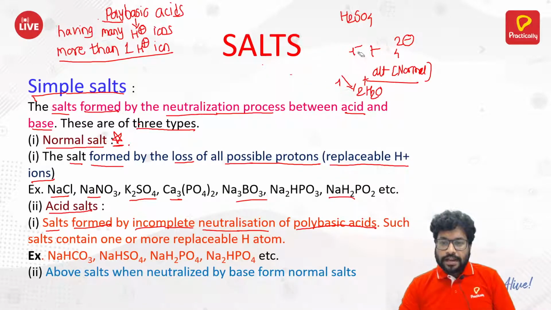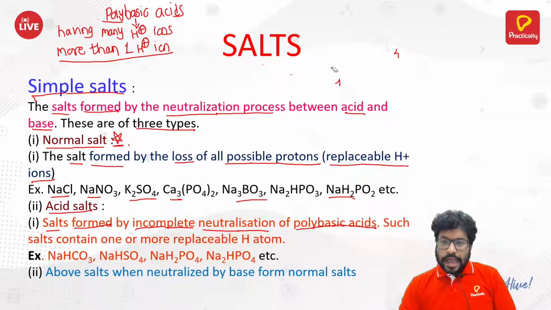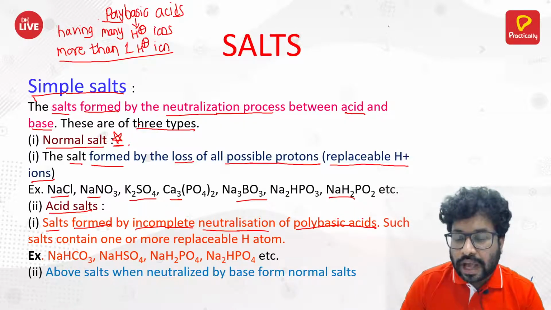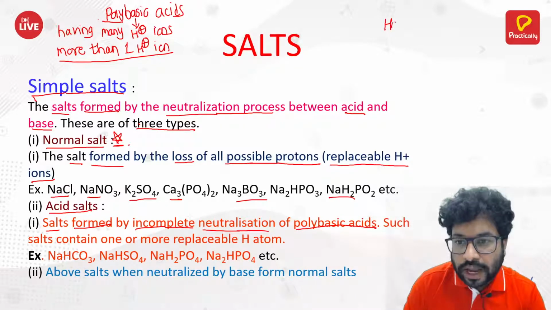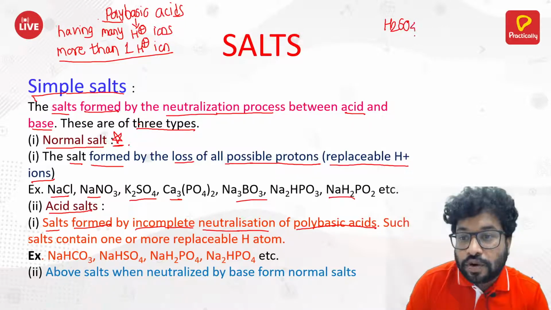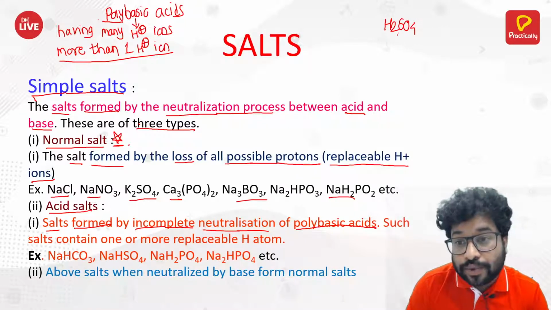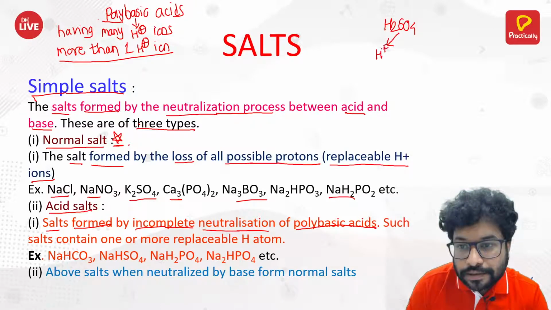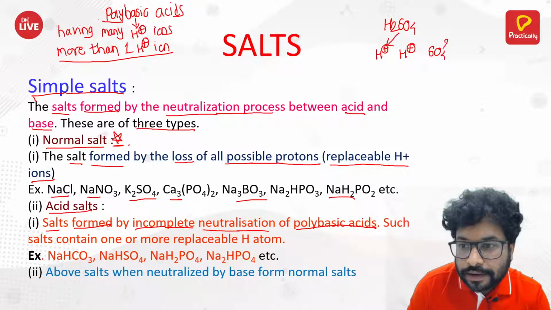Now the one we are referring to here: the salts are formed when your acid is releasing 2 H plus ions, but out of which only one H plus ion will be absorbed. See, H plus, another H plus, and the sulfate.